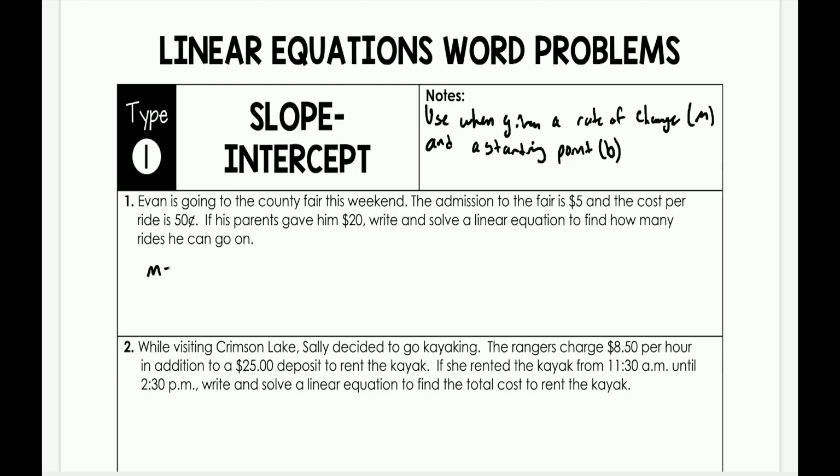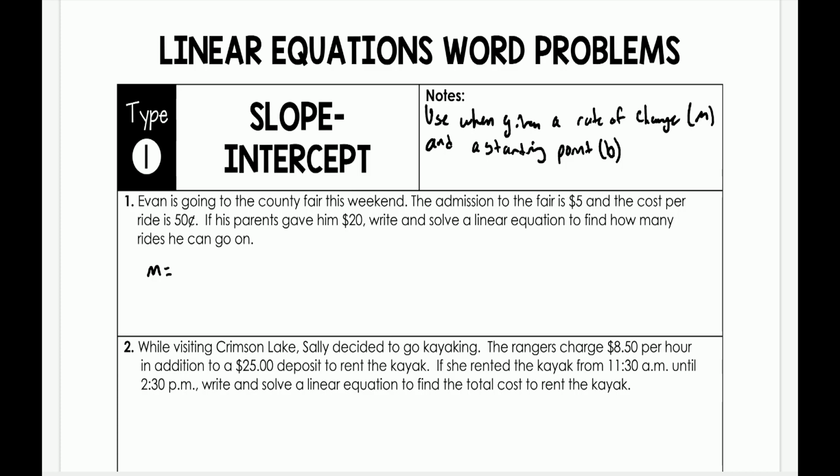So what would the rate of change be? In other words, what changes given some sort of time or some ratio? So if we read the problem, we have that the admission to the fair is $5. And the cost per ride is 50 cents.